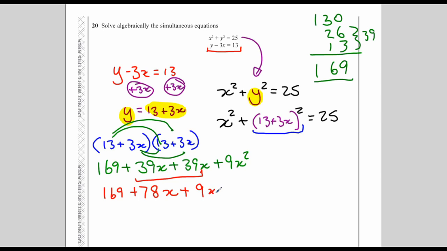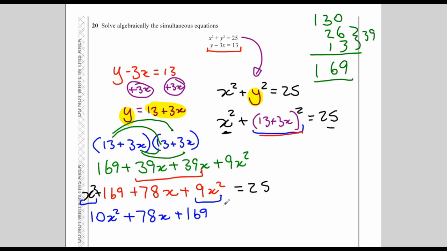So we've expanded this bracket with all that work. We've still got, as well as all this, the x squared and the equals 25. Okay, so x squared plus all that equals 25. So now you can combine your x squareds together. You've got 1 there, 9 there. So you've got 10x squareds. You've got 78x. You've got 169.